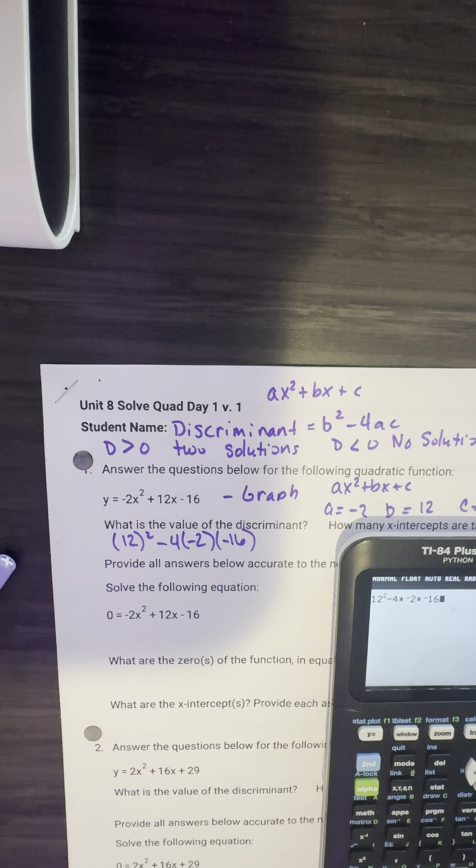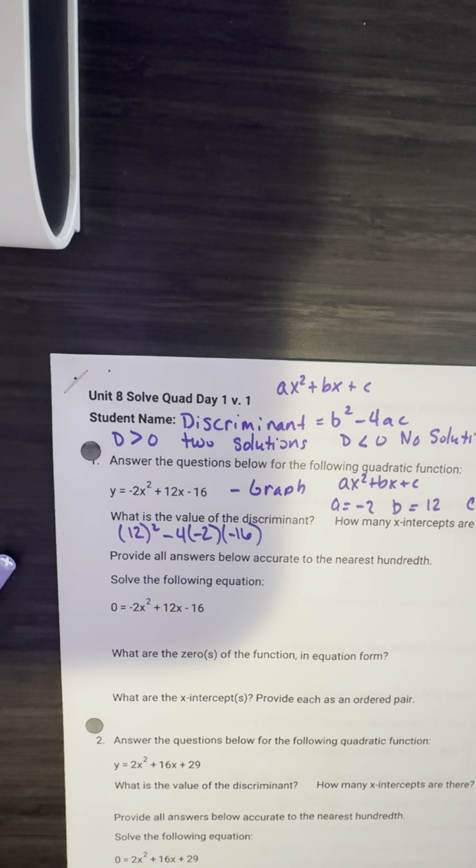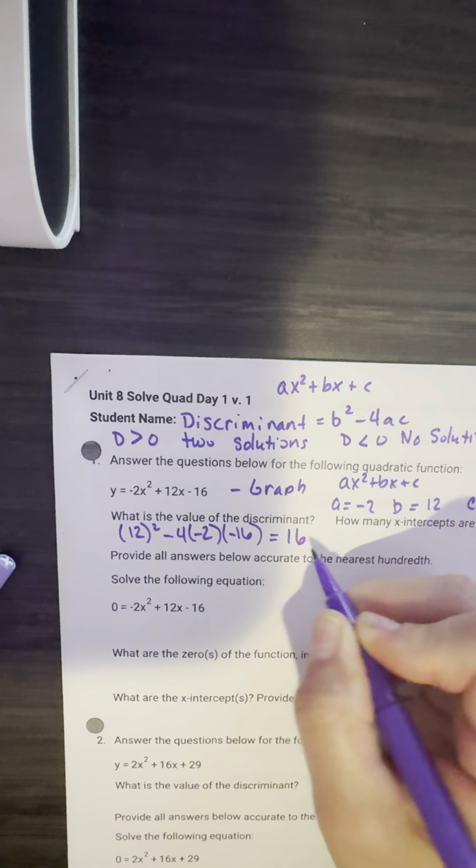I want you to be able to type this in your calculator. Do it. So you're typing in 12 squared minus 4 times -2 times -16. And what'd y'all get? 16. So your discriminant equals 16.